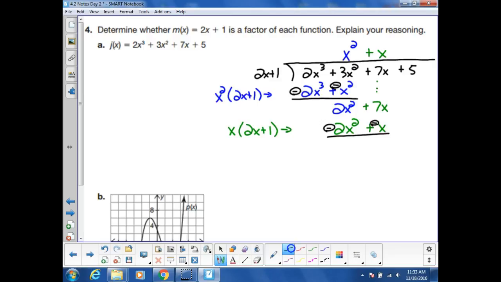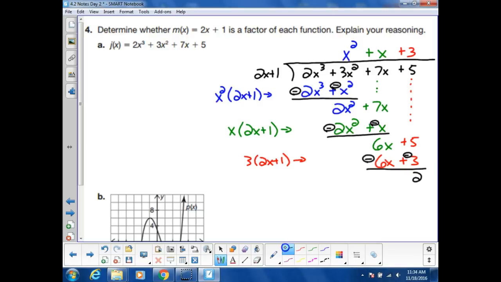Switch. Switch gives me 6x there. Drop the 5. Multiplied by now here 3. Gives me 6x plus 3. Switch and switch. Leaves me with a remainder of 2. Yes?